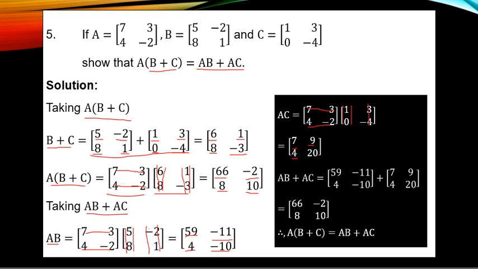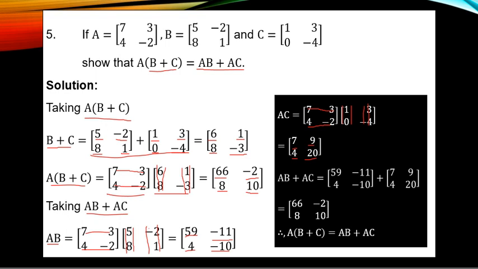Second row times second column, that is 4 times 3 is 12. Minus 2 times minus 4 is plus 8. If you add that 8 to 12, you have 20. That is the second entry in the second row.